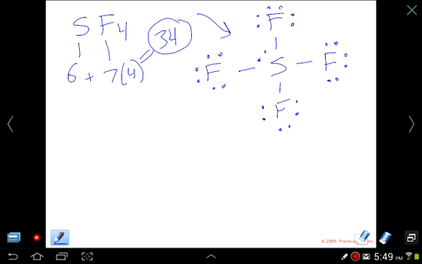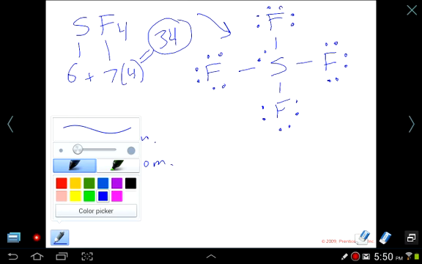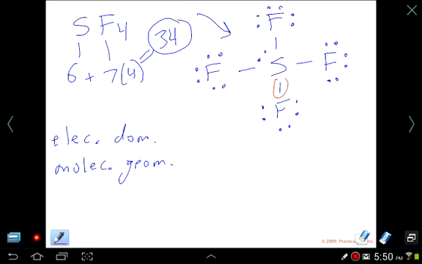So let's take a look at the electron domain geometry and the molecular geometry. The electron domain geometry, if you take a look, shows us having 1, 2, 3, 4, 5 electron domains, and that corresponds to trigonal bipyramidal. This is our first expanded octet shape, trigonal bipyramidal. And then 4 of these are bonding and 1 is non-bonding.